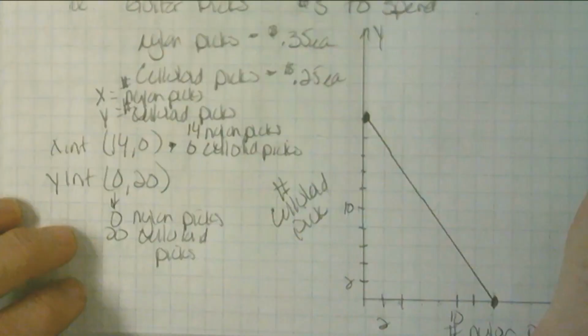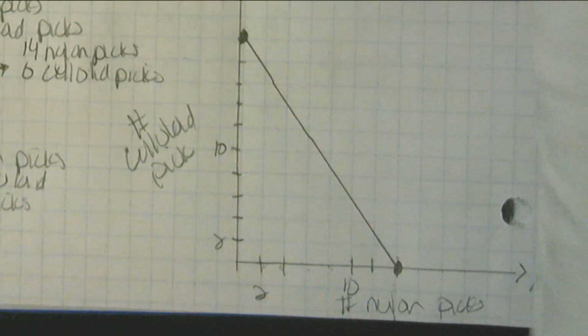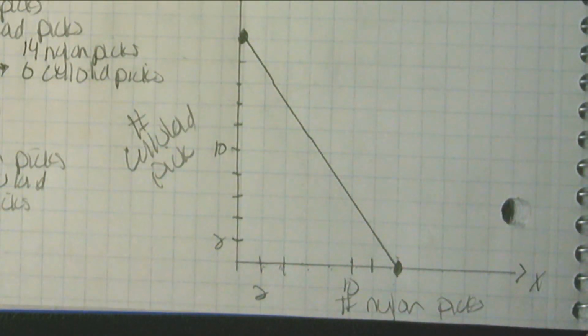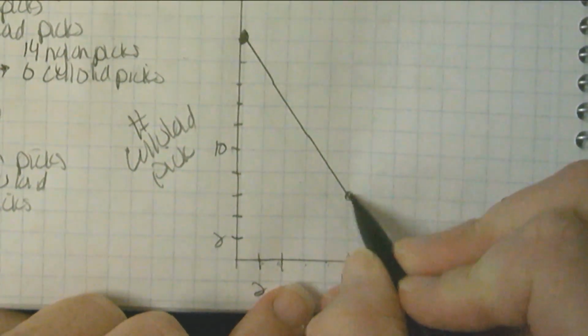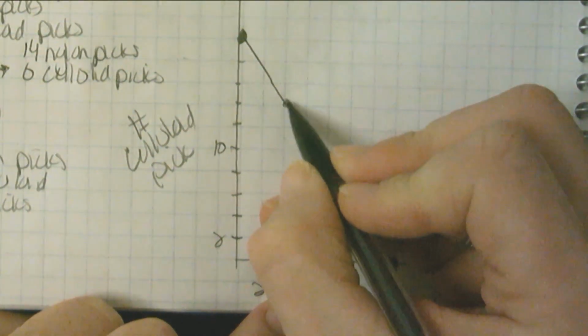Okay, so then it says list 3 possible combinations. Your combinations could be different than mine, depending on your graph. If you counted by ones, yours might be different. I for sure have a nice one right here. The rest of them aren't quite as nice. I have one that's pretty close to right here.